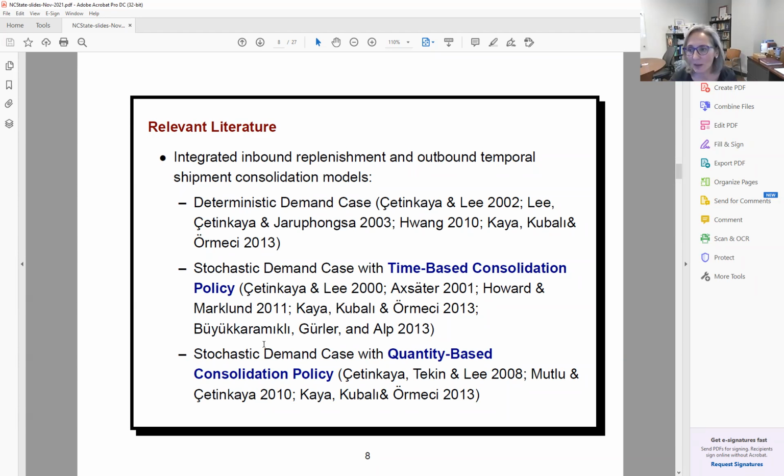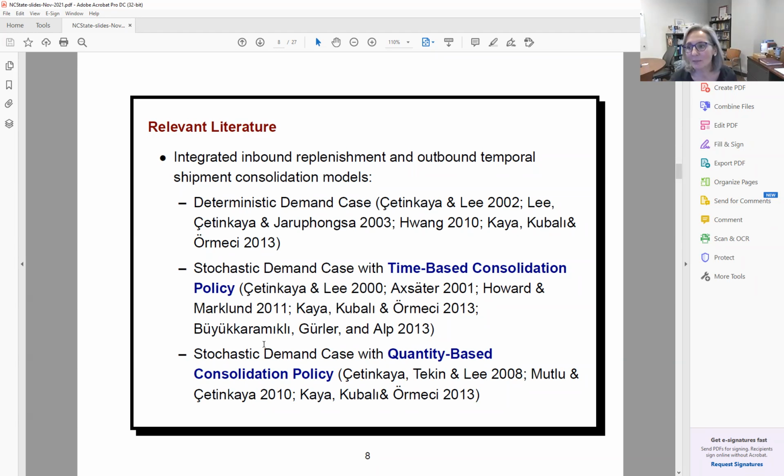The deterministic demand case has been studied by multiple authors, including myself in past papers, but the goal of these papers is not to study the structure of the optimal policy, but perhaps to develop polynomial time algorithms to solve the problem efficiently.